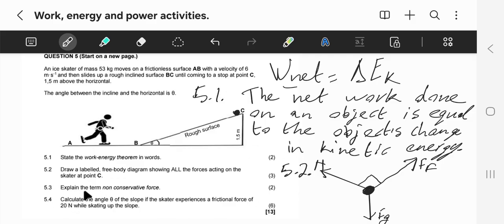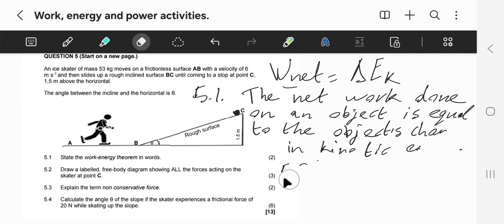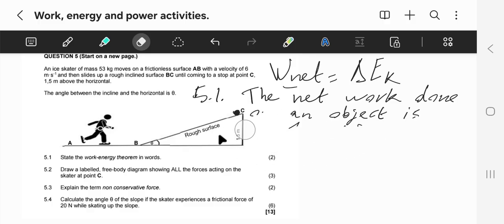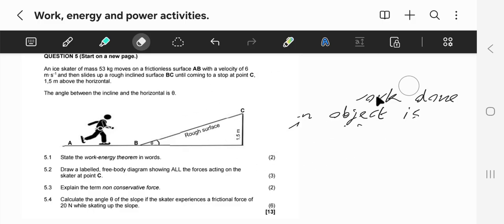5.3 says, explain the term non-conservative force. So if we define non-conservative force, we will define it as the force in which the work done is dependent on the path taken.